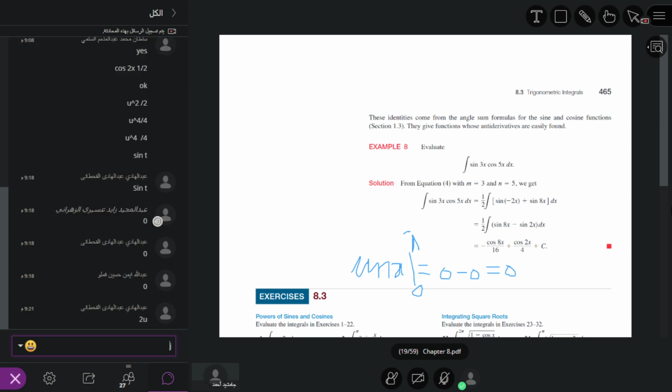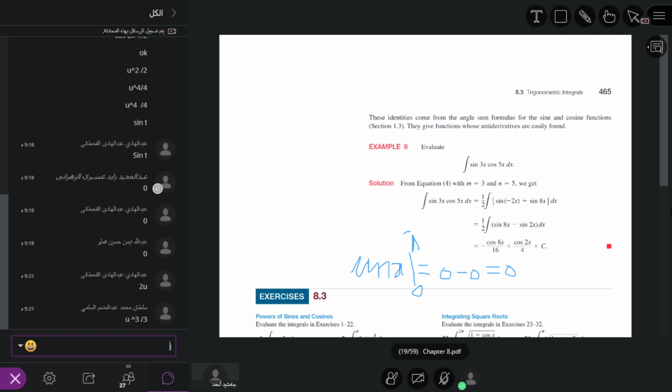No, not derivative. Integral. Antiderivative. U power 3 divided by 3. So this will be the answer: tan power 3 x divided by 3.